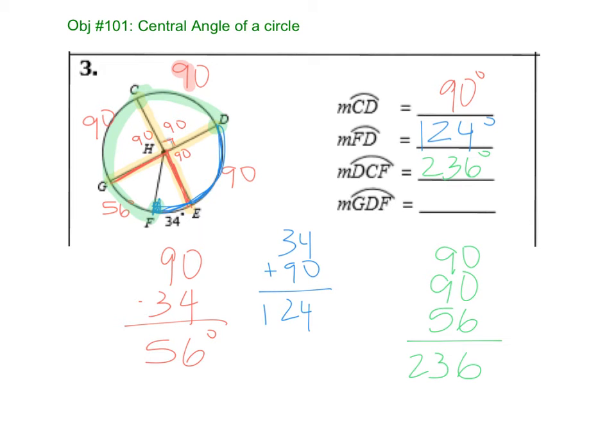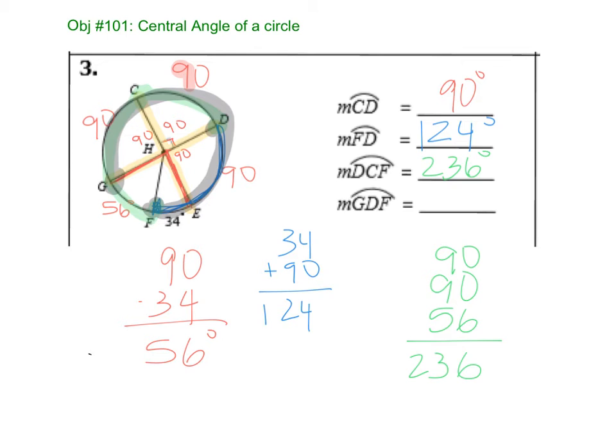And then lastly, G, D, F. All right, G, D, F. So order matters. You have to go to the D first. So it's that whole thing. So there's two ways to do this. We talked about that during the lesson yesterday.